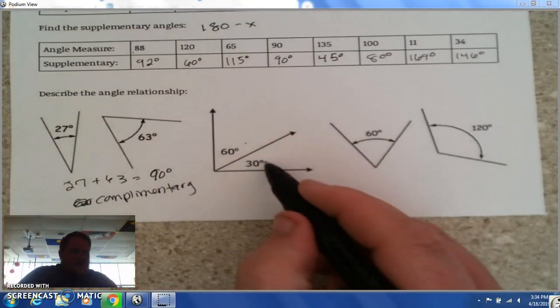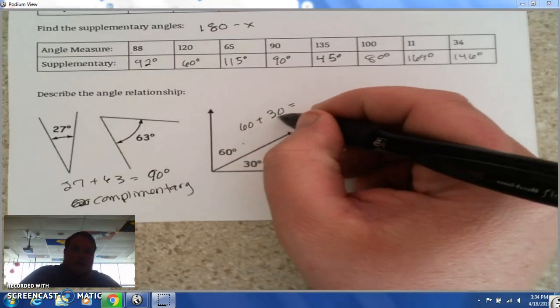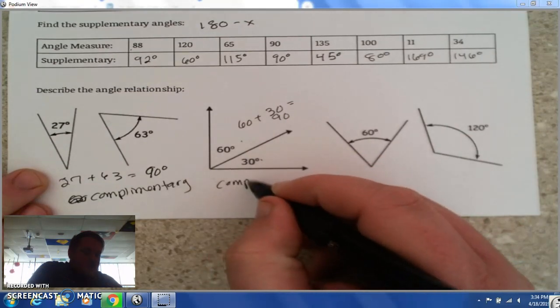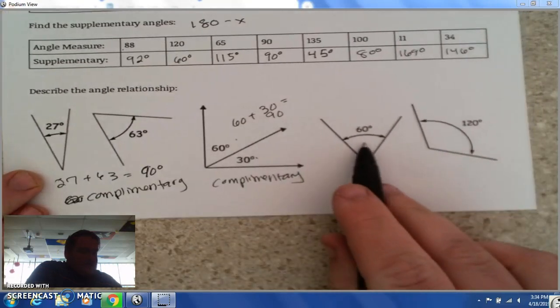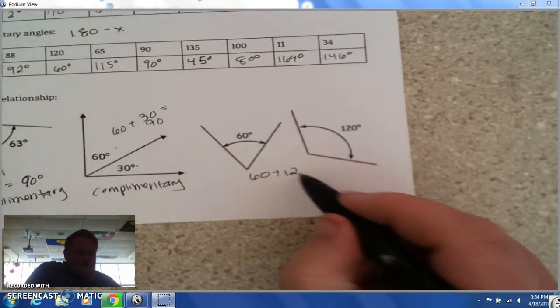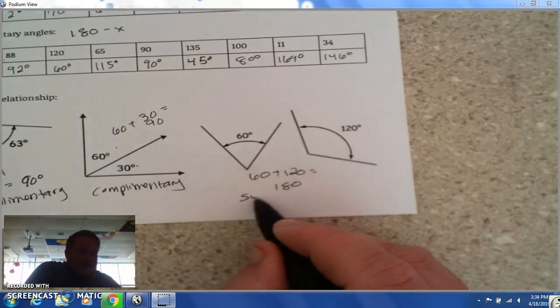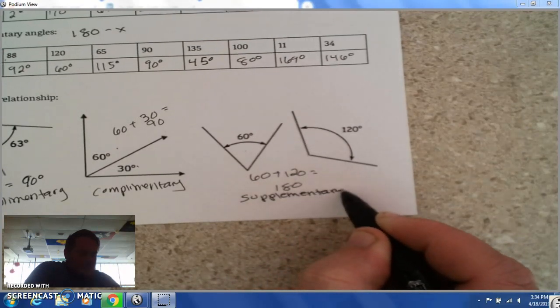Now, 60 and 30 equals 90. So that is also a complementary relationship. Okay. 60 and 120 added together equal 180, and that would make a supplementary relationship. Okay. Let's flip to the back.